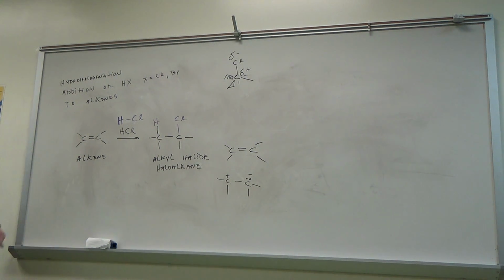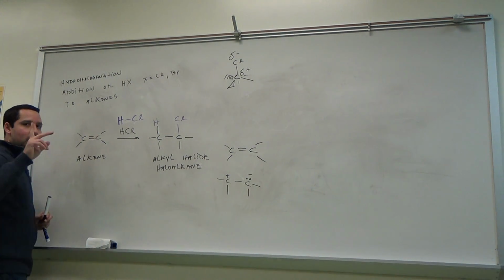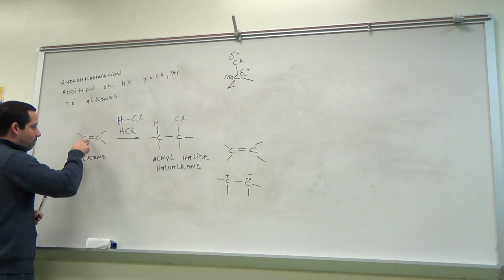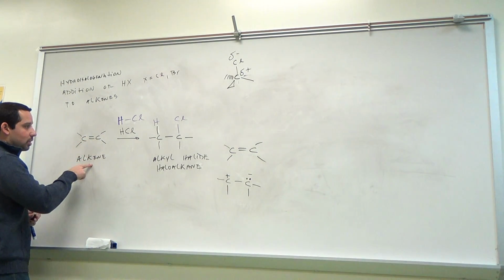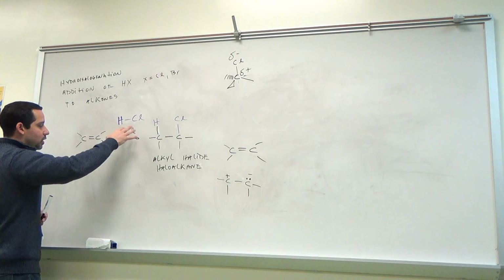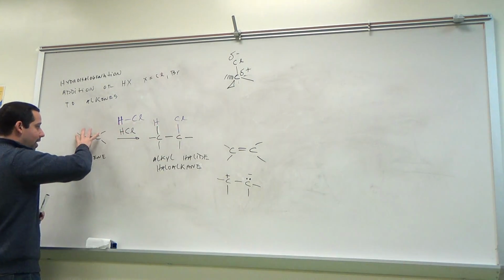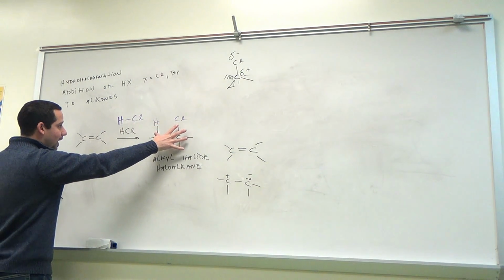This is how you make the first flashcard. You are going to write on the front of the flashcard an alkene, and you're going to put HCl or HBr, and you are going to leave this blank. Whatever alkene, that and that blank.